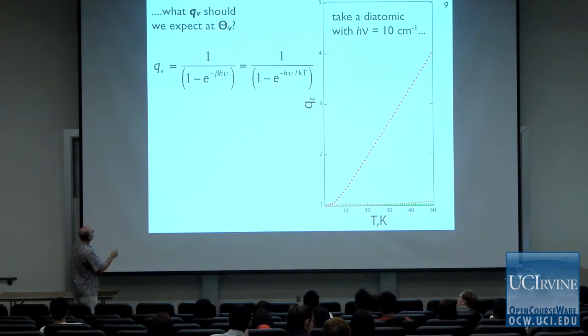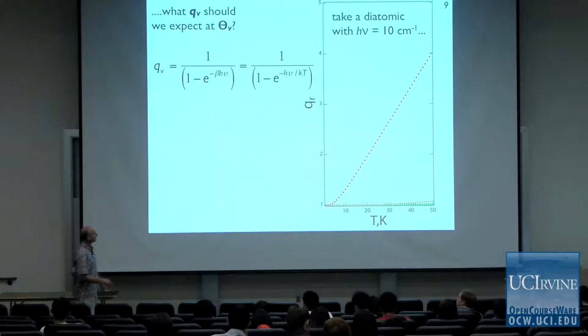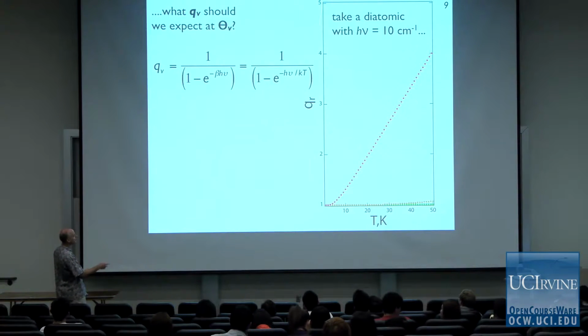Now, what partition function would we expect right at the characteristic vibrational temperature? Because we're going to be around the characteristic vibrational temperature a lot. So what I did here is I made a plot of the partition function on this axis as a function of the temperature on this axis. It's just a plot of this equation right here.